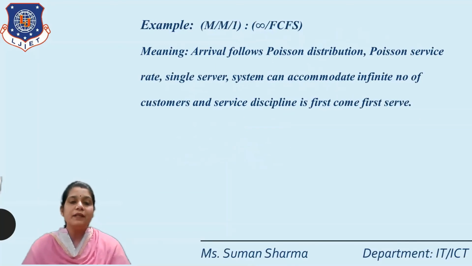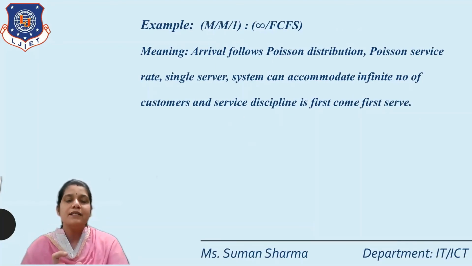So define this example. Example is in brackets capital M slash capital M slash 1, such that we write the colon in brackets infinite slash FCFS. Okay, so what do you mean according to our Kendall notation? Meaning is arrival follows Poisson distribution, because the first one is the arrival rate, Poisson.